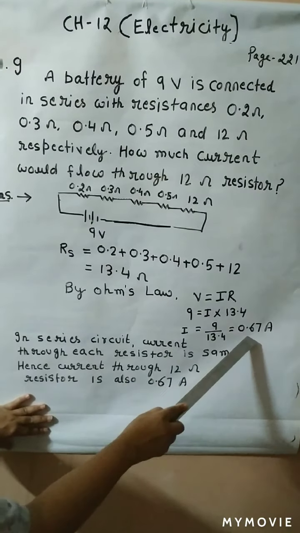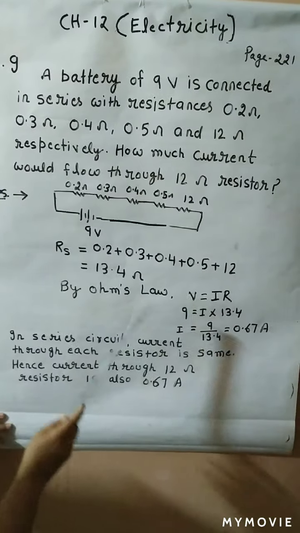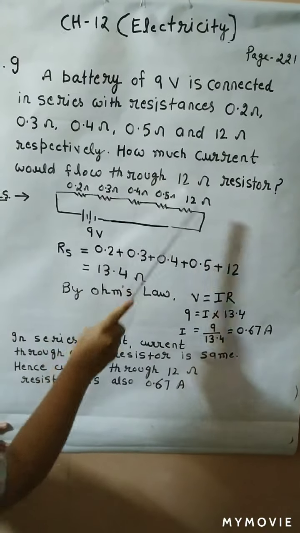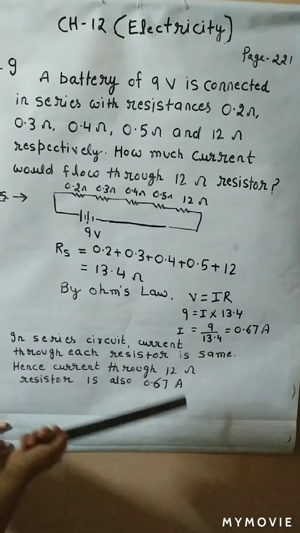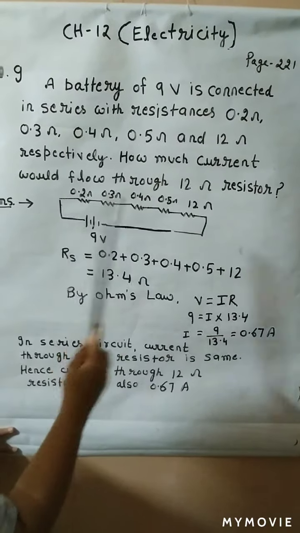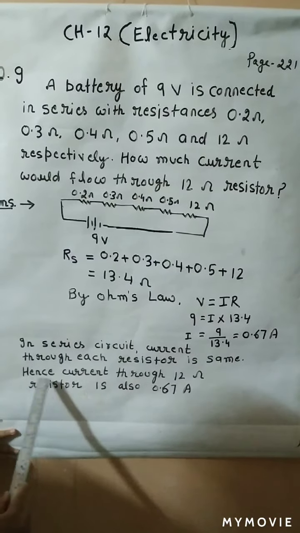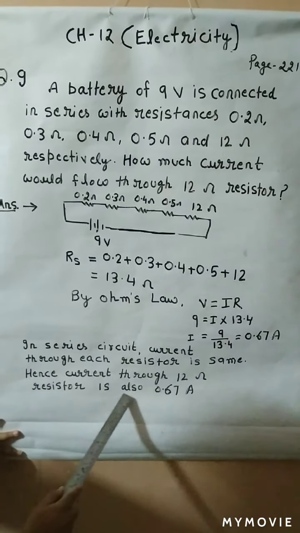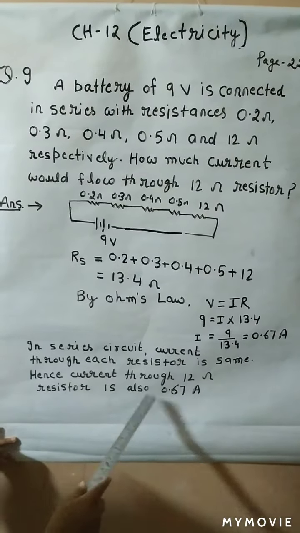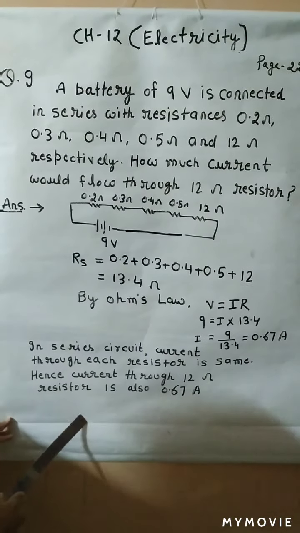When you solve it, you will get current is 0.67 ampere. Moreover, you know that in a series circuit, the current through all resistors and in the circuit always remains the same. So hence the current through the 12 ohm resistor is also 0.67 ampere.